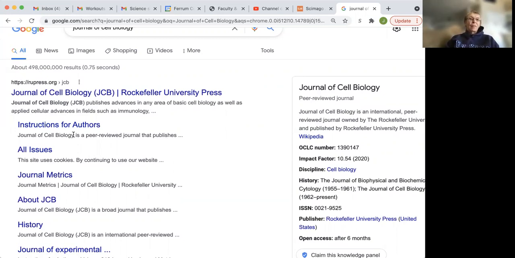If there's going to be a peer review process, it will tell you in there. A lot of the instructions for authors are about things like formatting and how many words you can use, but in there, there'll be instructions about how it's going to be processed by the journal.